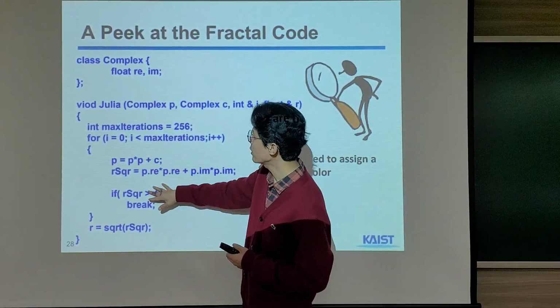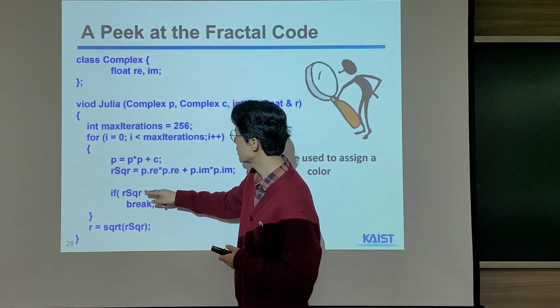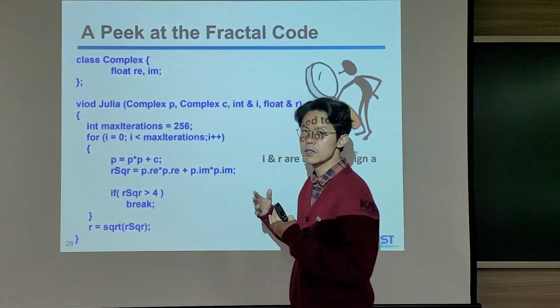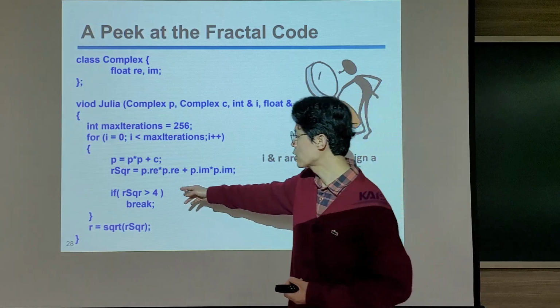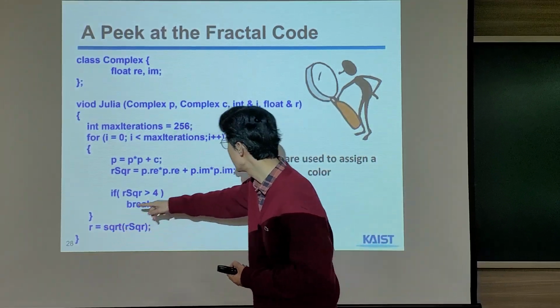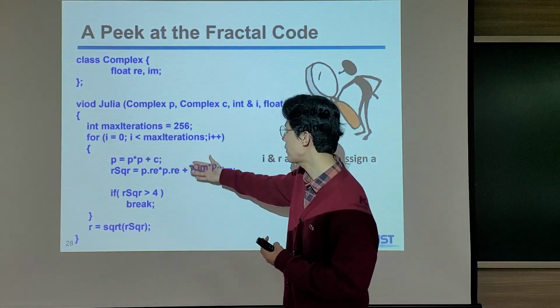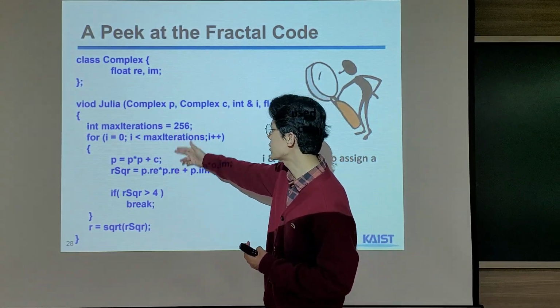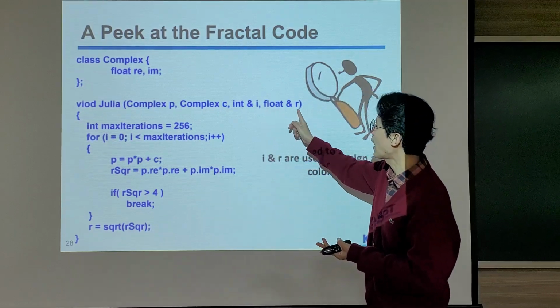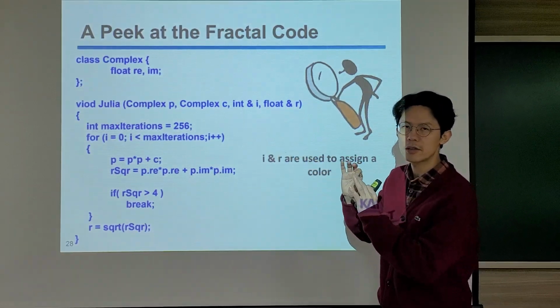At some point, we know that this root square is bigger than 4. We know that it's diverged, right? So then we break, and we set the R with some number I. Maybe we identify that it will diverge within maybe 10 iterations, right? And based on that I and R, we set some color.